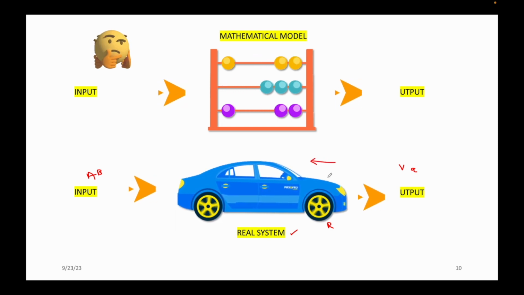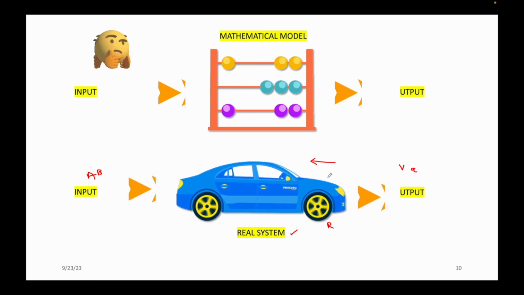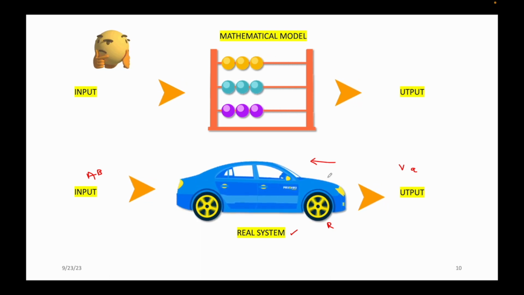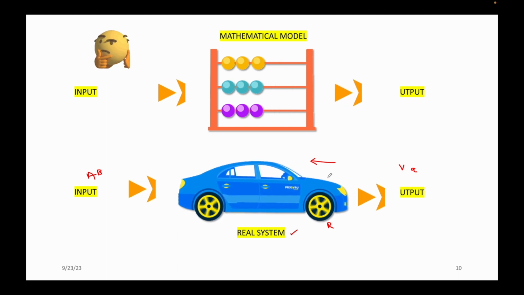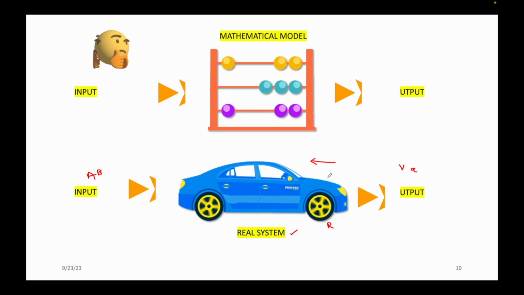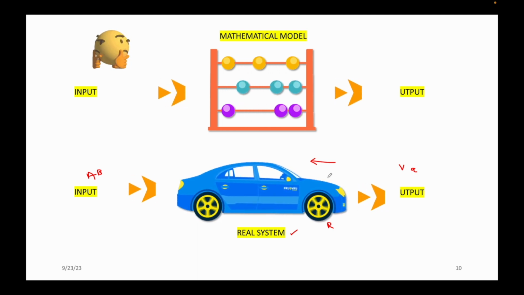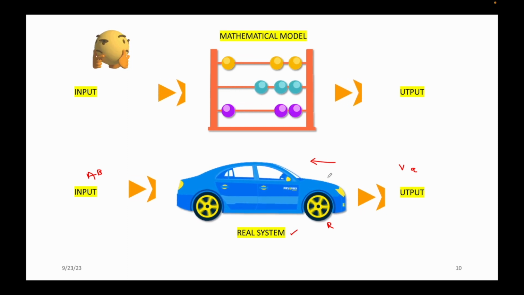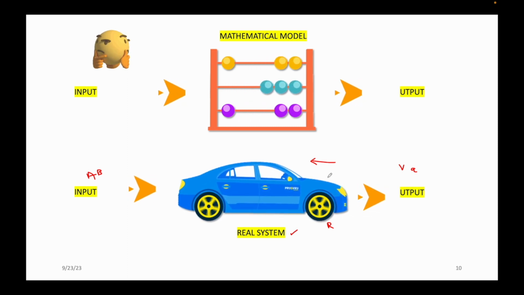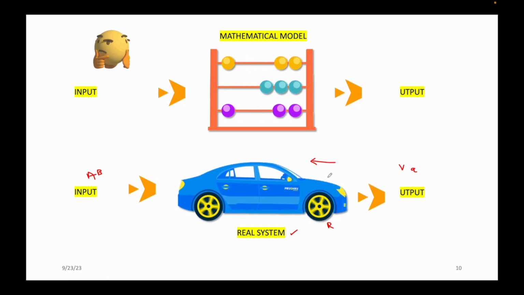So when we consider the factors and the relationship between these and try to establish a coordination between the input and output, at that moment we need to take the help of mathematics. And whatever the mathematical function or mathematical model that we create, which establishes a relationship between input and output, is called a plant model.